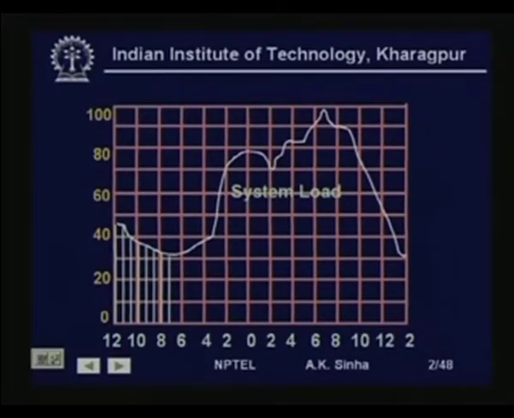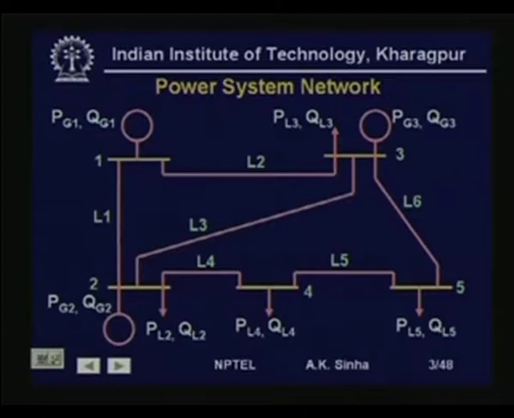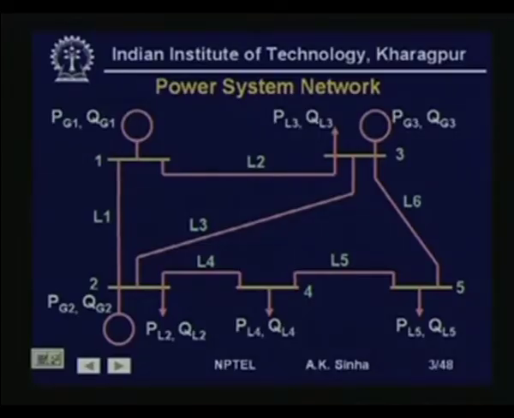For the given time slice, we consider the system load to be constant. Since the load is constant, we do a static analysis for this purpose. Now, this static analysis which we do for the system is popularly known as the load flow or power flow analysis.